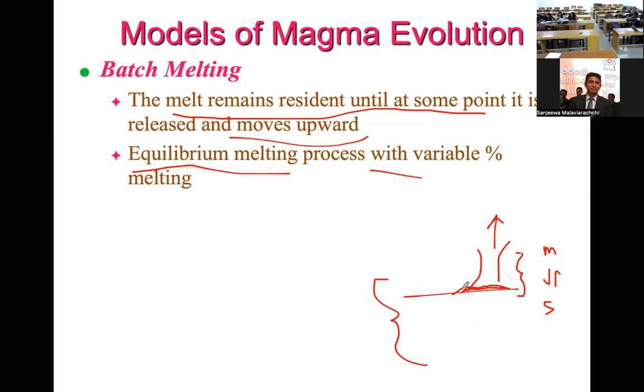Otherwise it will remain with the amount of melt that has already been produced, and at some point it finds its way upward to the shallow mantle levels, because the melt is lighter than the solid. So automatically the melt starts to percolate out from the system, due to lightness.